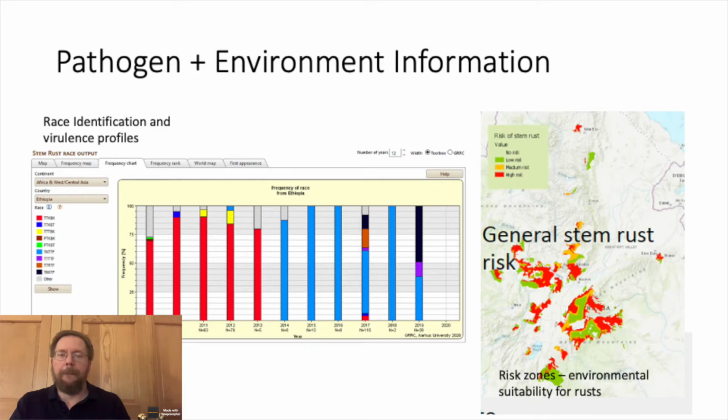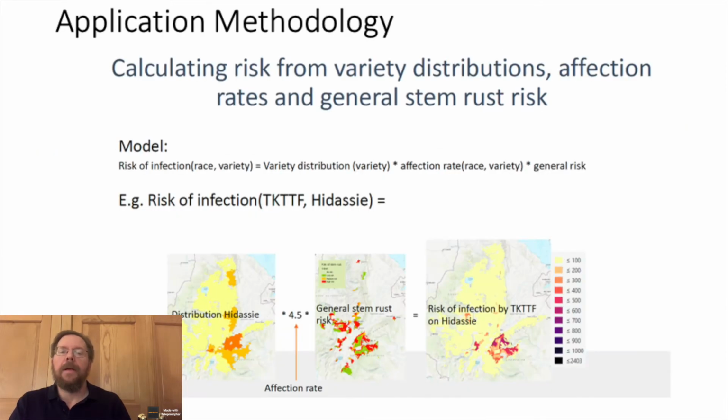Next slide. Here's how the model does the calculation. It looks at a series of algorithms that involve the following factors and others. It involves the variety distribution, the geographic location, the infection rate for that variety for that race of stem rust or yellow rust, and environmental factors for that area.